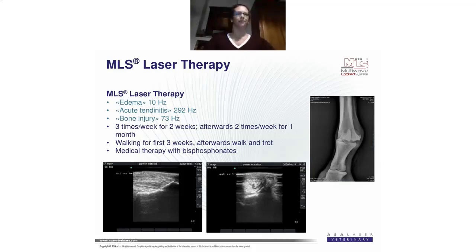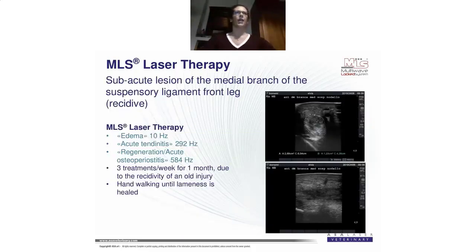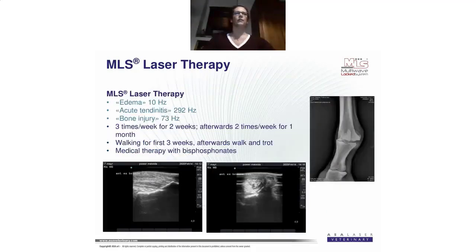And in this case, I added also medical therapy with the biphosphonates. I treated 3 times a week for 2 weeks, and afterwards 2 times a week for 1 month. Walking for the first 3 weeks, afterwards walk and trot. This horse, it was a standardbred, turned to normal activity and racing without any problem again.